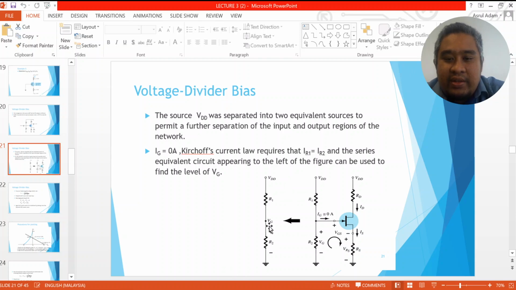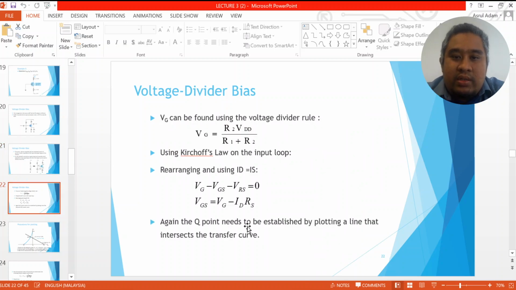We can find VG by using the voltage divider rule. The current through R1 and R2 is the same, meaning IR1 equals IR2, and VG at this node we can find using the voltage divider rule.